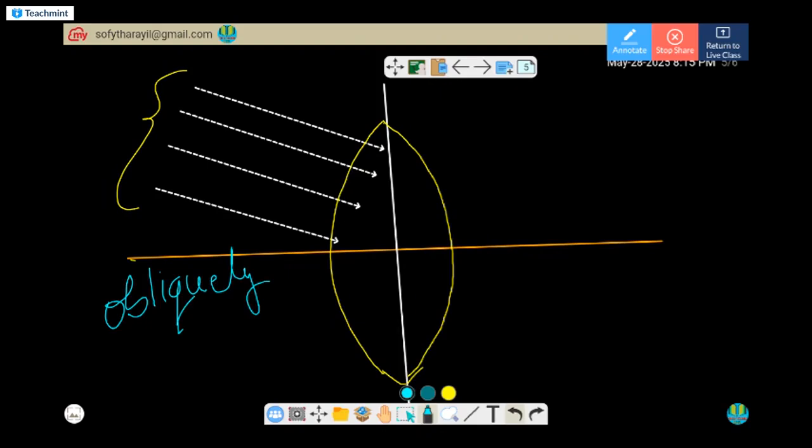That is, they are just coming at some different angle. They're not parallel to the principal axis. They're slant, or they're coming maybe from the top or from the bottom, it's okay, but they're not parallel to the principal axis. So you're going to say oblique, and if those lines are parallel to each other, you can also call them oblique parallel beams.